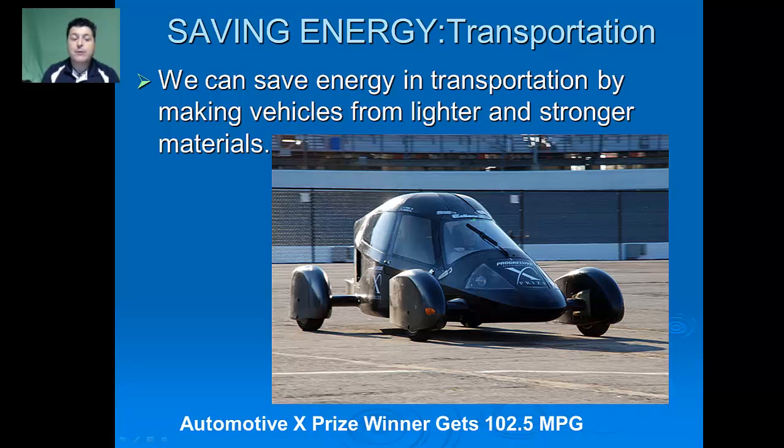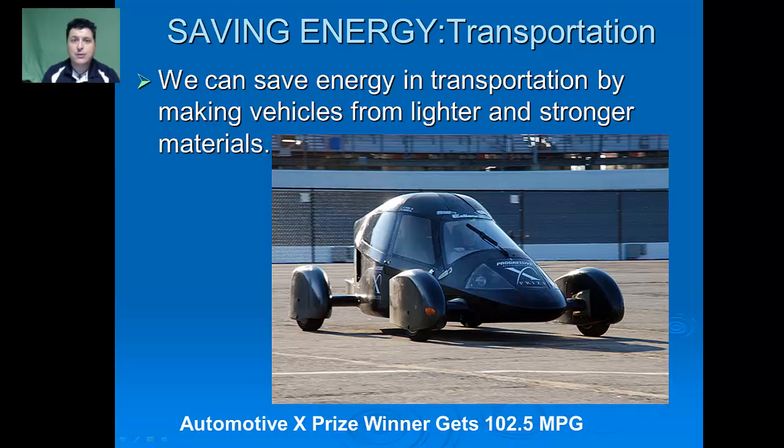The automotive X Prize that was put together by Progressive was a major push for that, to see if people could push the envelope to create a car that could get 100 miles per gallon just using regular fuels. And a Charlottesville-based company actually won that X Prize, and their car got 102.5 miles per gallon.